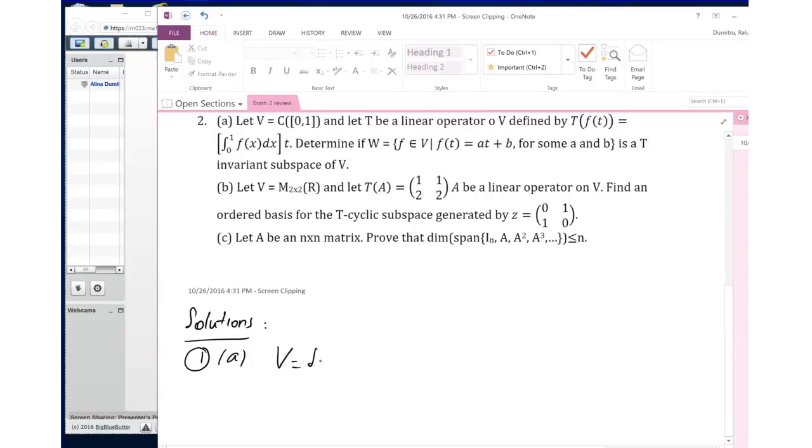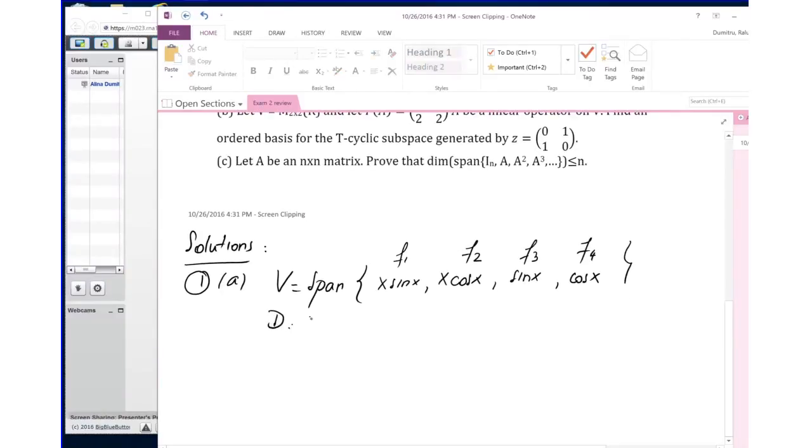So V is the span of f1, f2, f3, and f4, in this order.